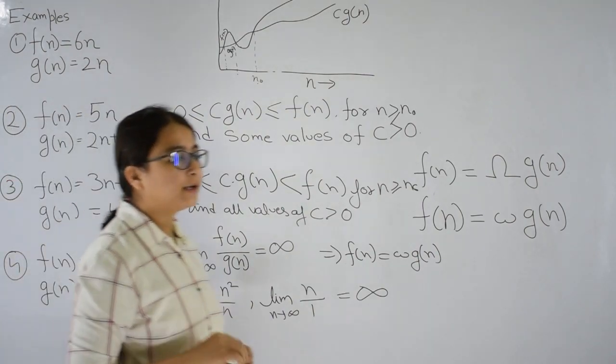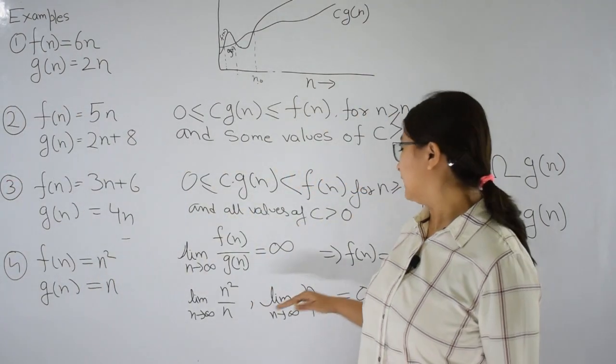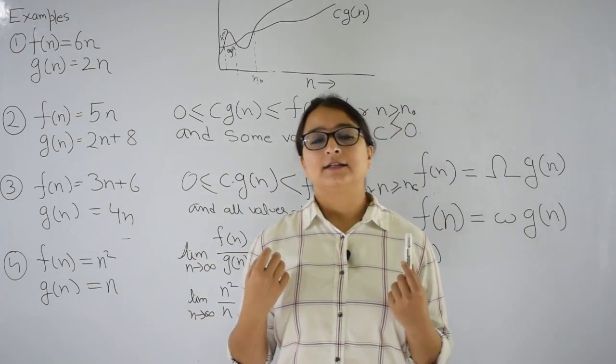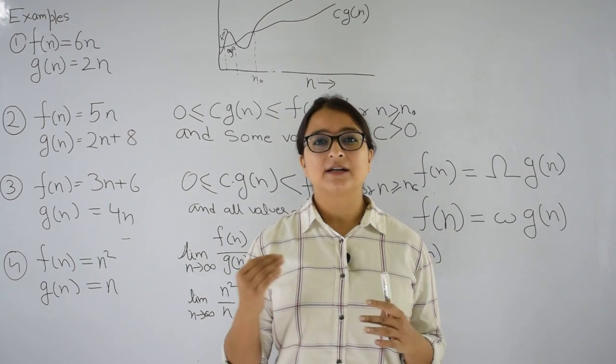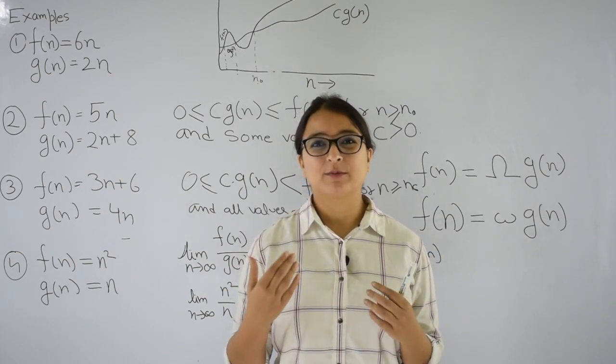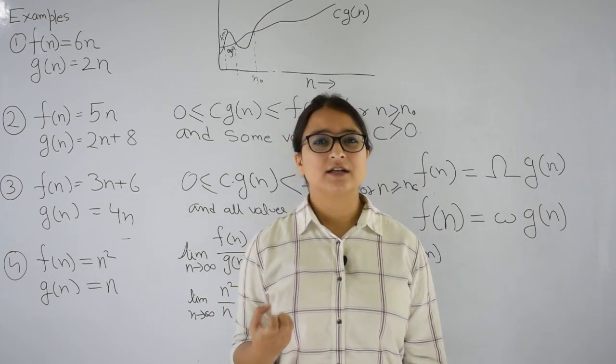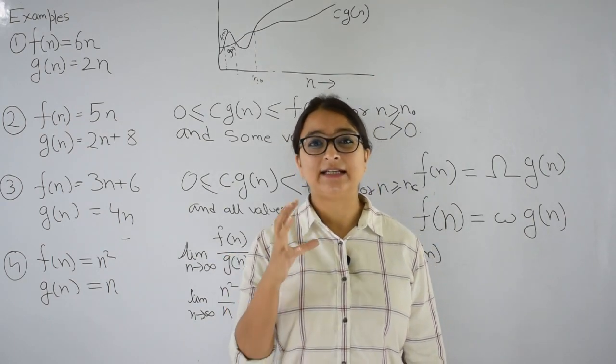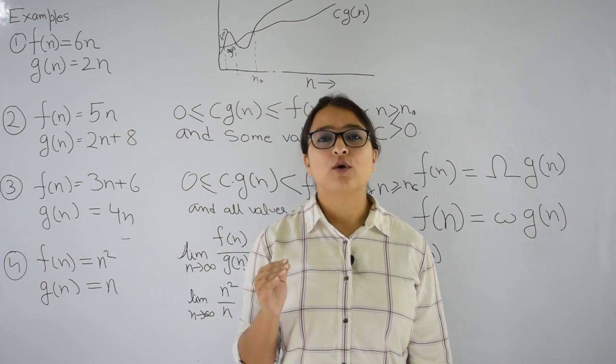Now one more thing, amongst these two, small omega and big omega, obviously it is the big omega which is comparatively more important and would be more frequently used. The reason is that big omega has the capacity to represent tighter bounds, whereas small omega does not.